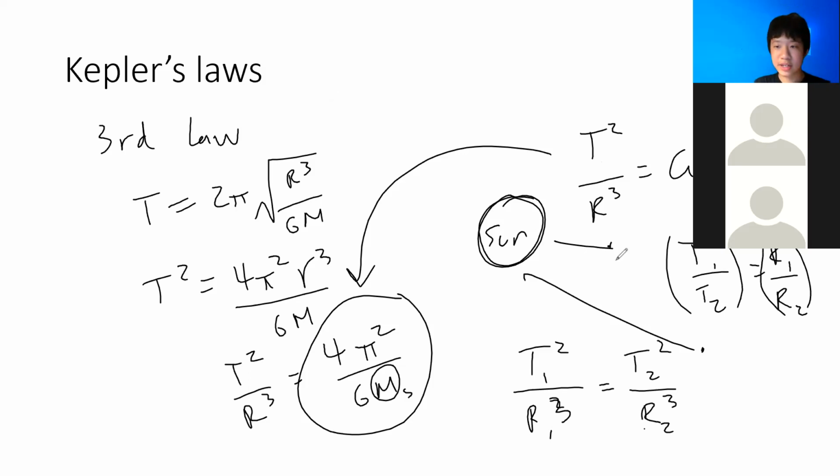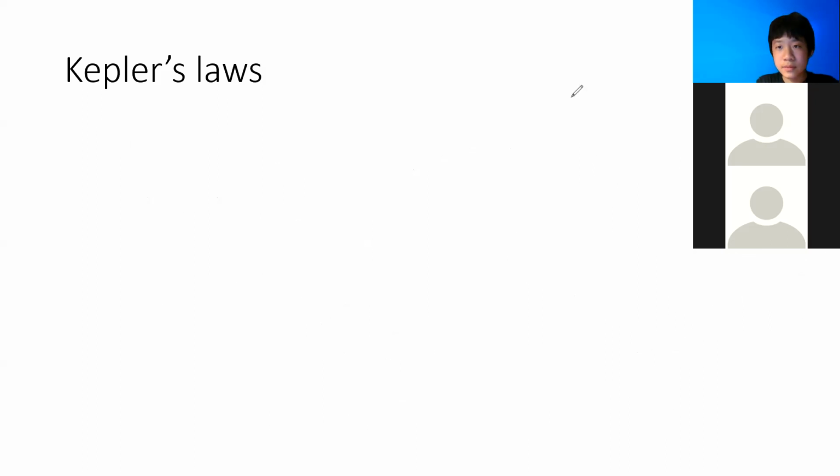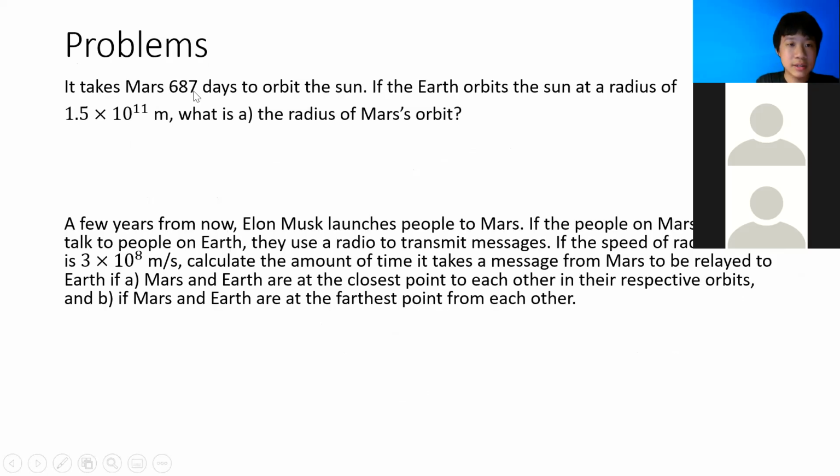Any questions about this? You don't actually need to memorize any of this. The most critical part you need to memorize is that (T1 over T2) squared is the same as (r1 over r2) cubed. Alrighty, so those are Kepler's 3 laws, and we're going to use these laws now in the questions.